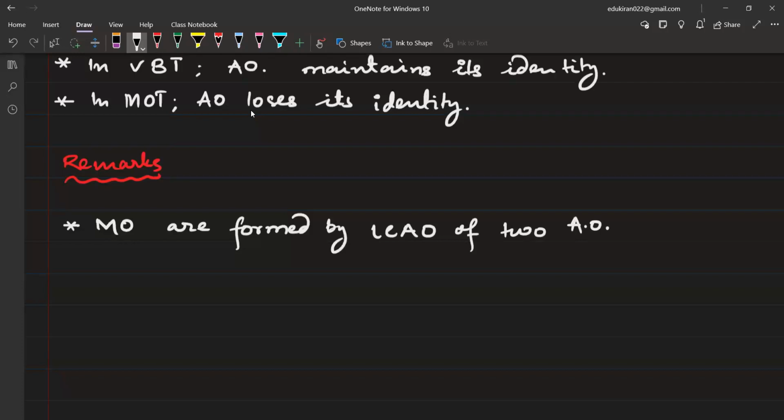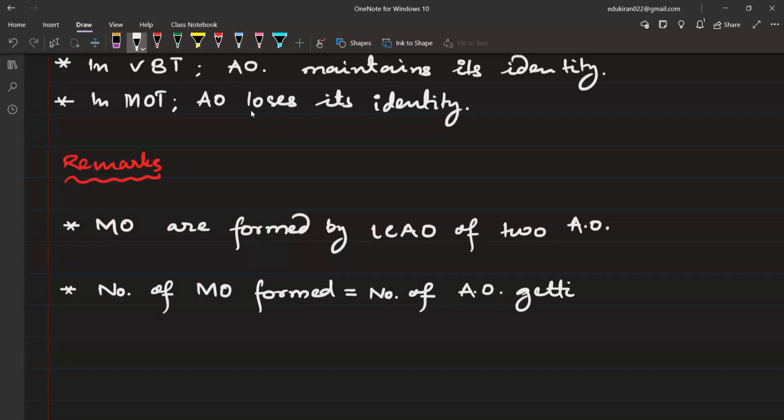When we are combining the atomic orbitals, we can only combine two atomic orbitals. Next point. The number of molecular orbitals formed will be equal to the number of atomic orbitals getting combined.